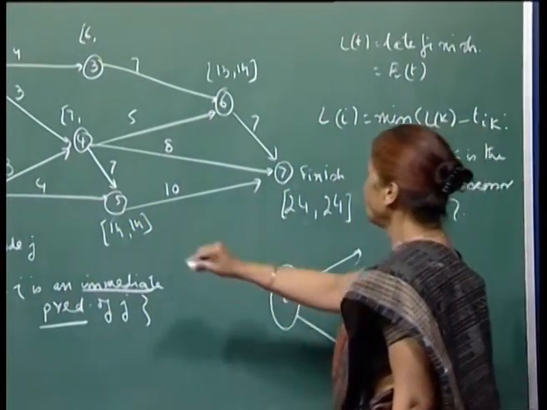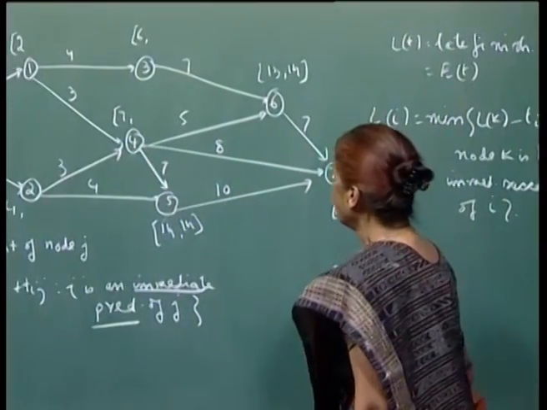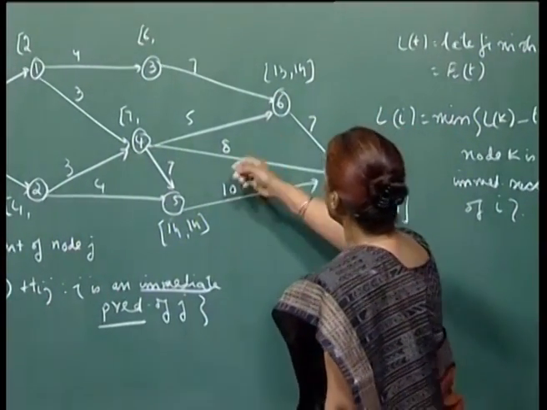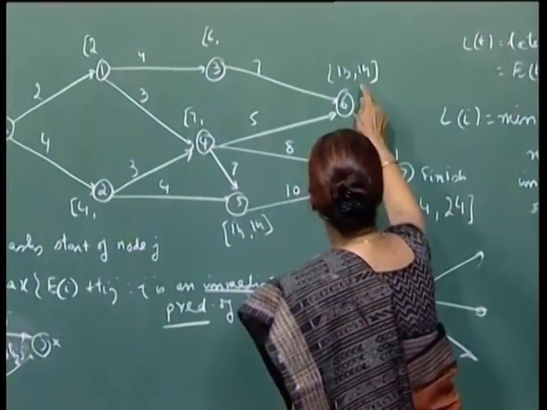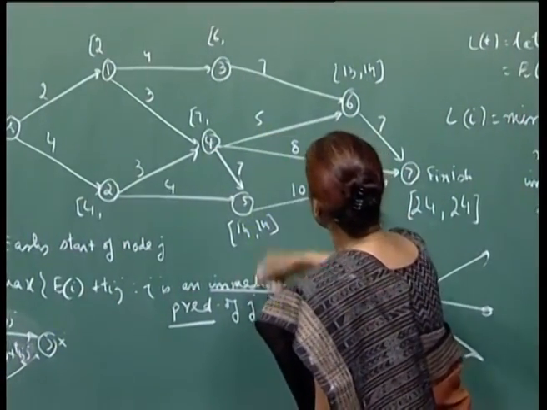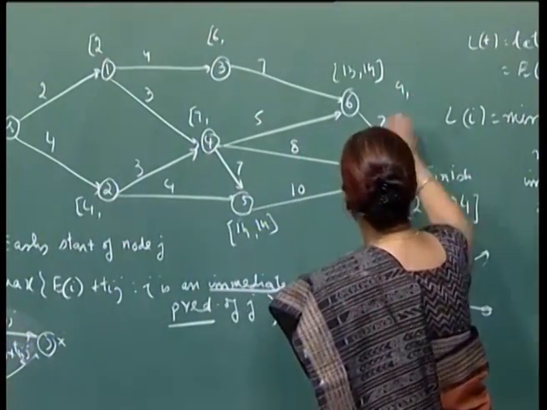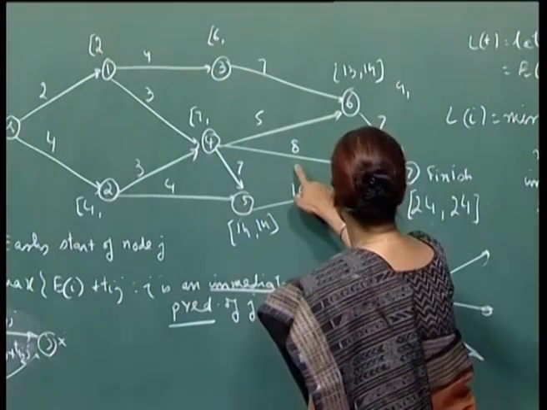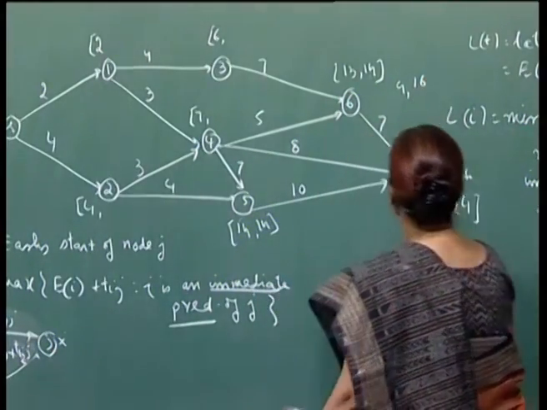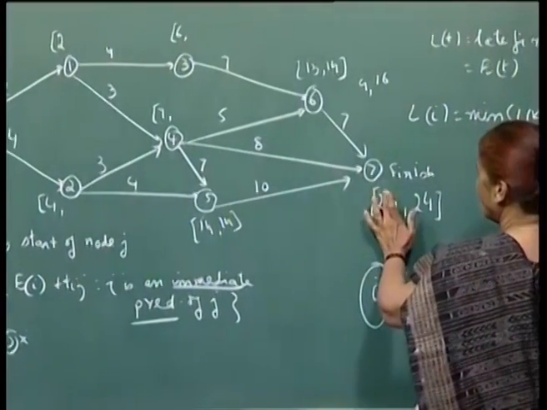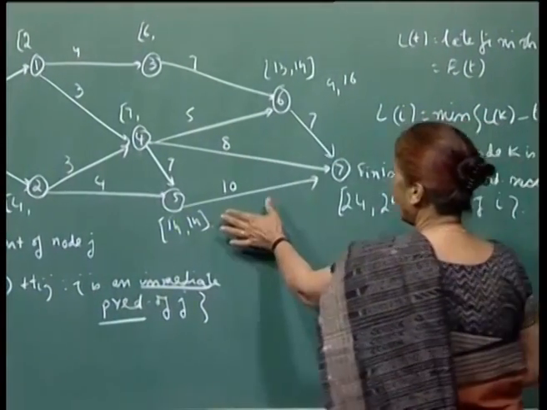Okay. And for this one it will be, yes, here now you have to do it this way. At this point it is 14 minus 5, which is 9. So, one number is 9. Then this is 24 minus 8, this is 16. Can you see it? 24 minus 8 is 16, and then that is it.